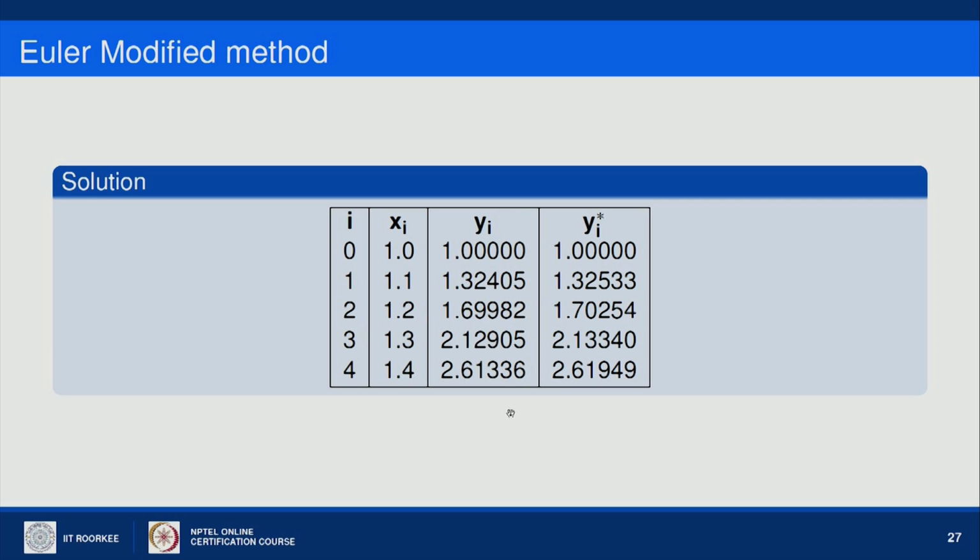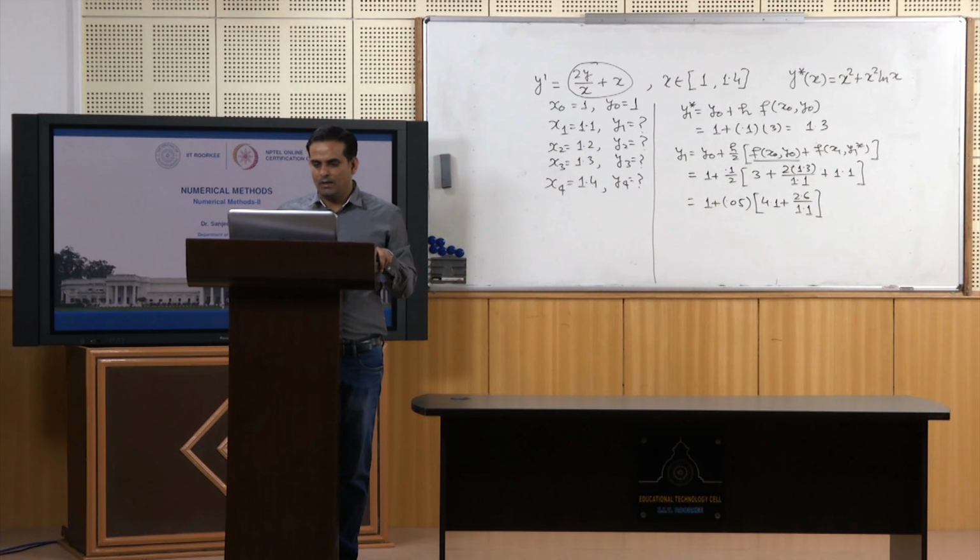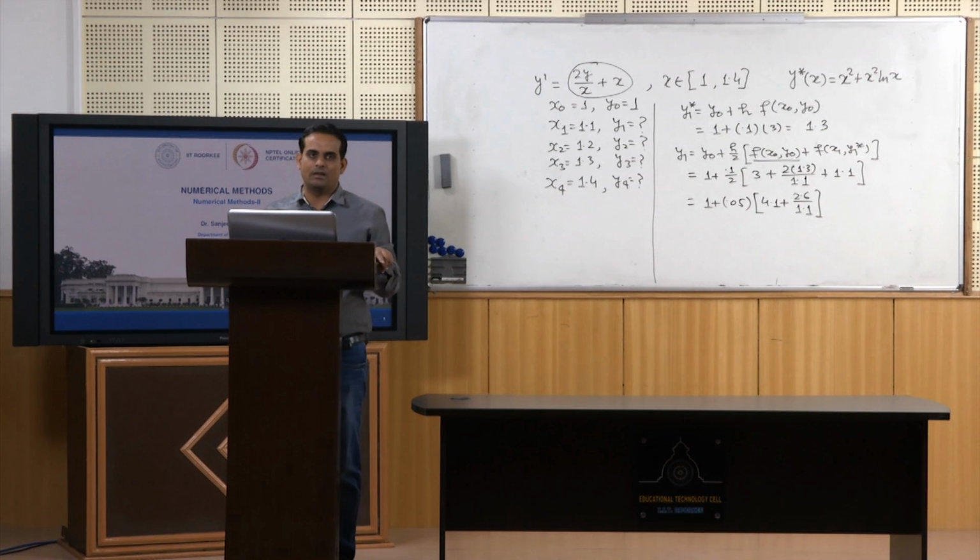So, here you can note from these two columns that the approximate solution is quite close to the exact one, and this is the implementation of the Euler's modified method for solving initial value problems.